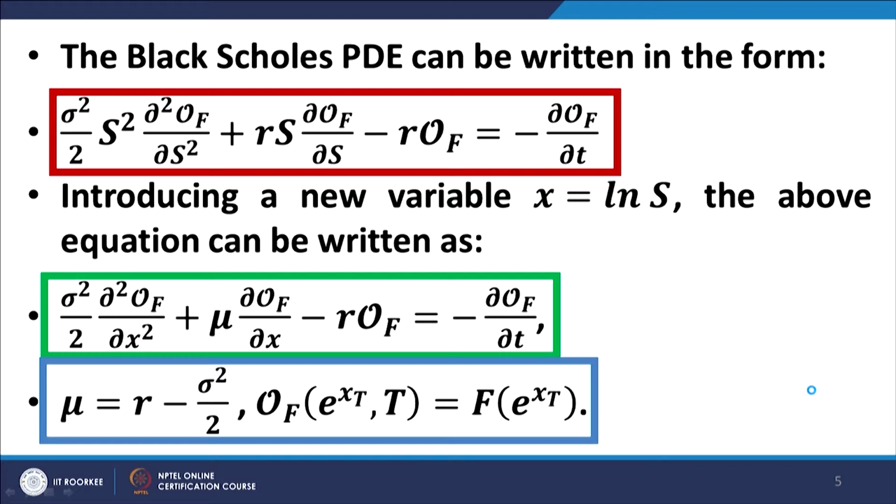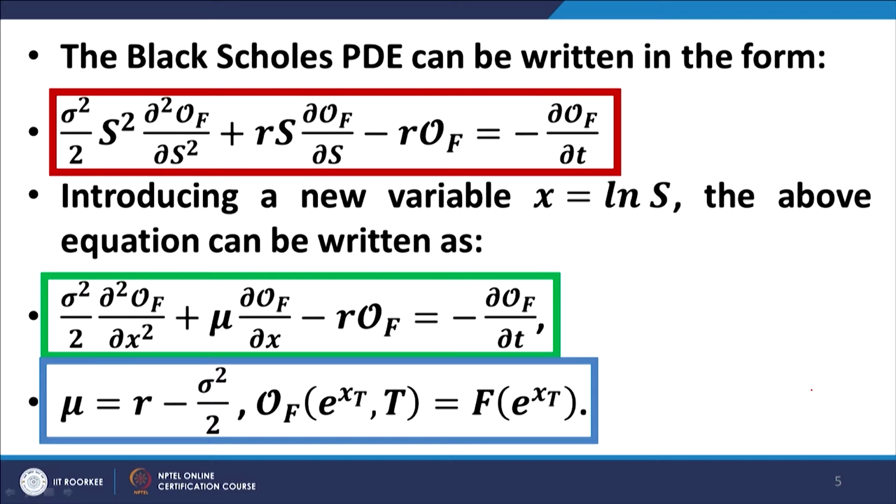The Black Scholes partial differential equation, which we derived in the last lecture, can be written in a form for the particular derivative that we are talking about.